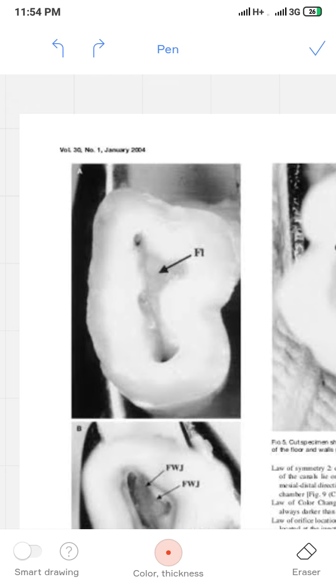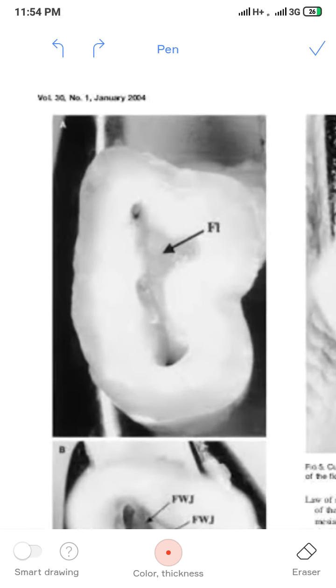Looking for additional canals will come next, but first of all you have to find the major canals. If you are working on an upper first molar, find those mesiobuccal, distobuccal and palatal. Then you can go look for mesiobuccal 2 or other additional canals. So where to look for them?